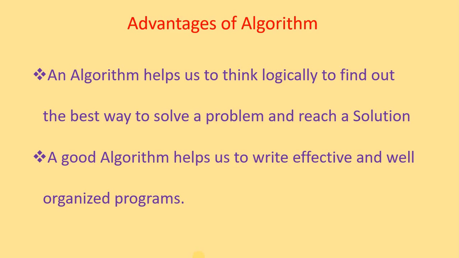An algorithm is just the thinking capability, the thinking logic of a person, to find the best way to solve a problem and reach a solution. The best way to find the solution is to think about the matter. When you are thinking about the matter, you also have to give the steps to solve the problem. All these steps combine together to form the desired output which we get when we are working with our computers. So this is what an algorithm is.